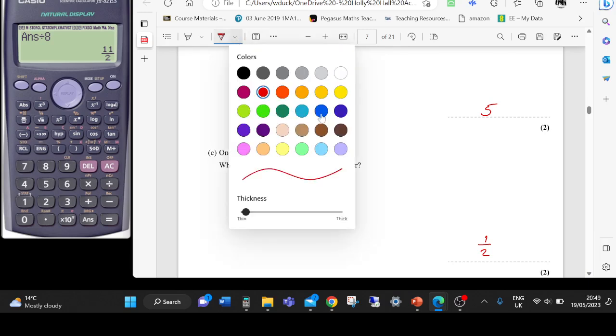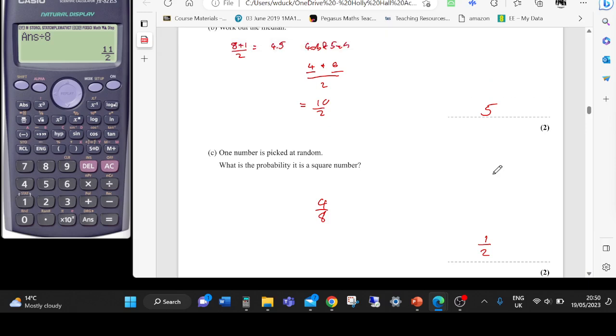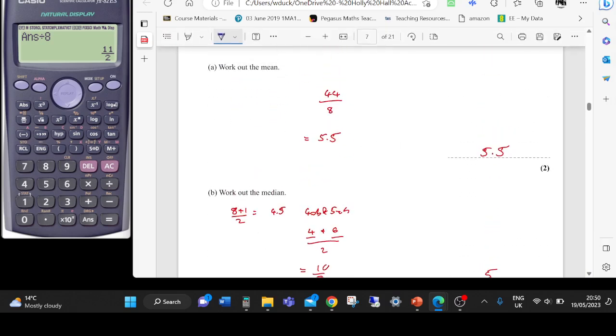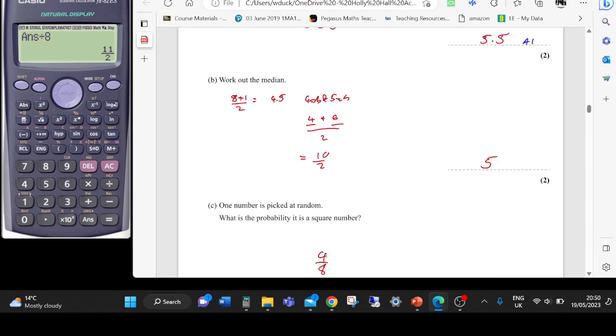Okay, and if we look at the marks for that then, M1 for attempting to add all the numbers and divide by 8. So we'll go M1 there and then A1 there. For part B, we have numbers in order and attempting to find the middle value.